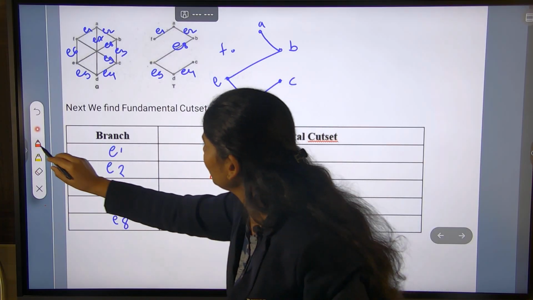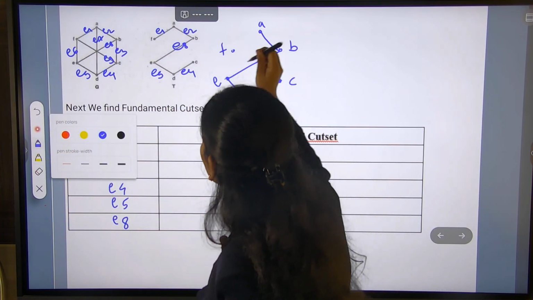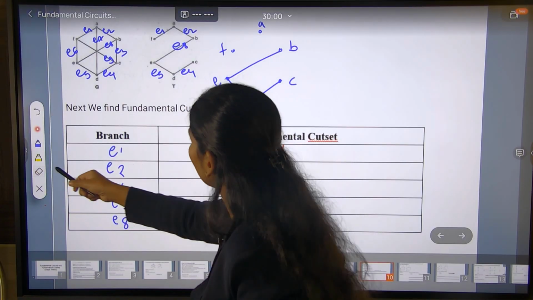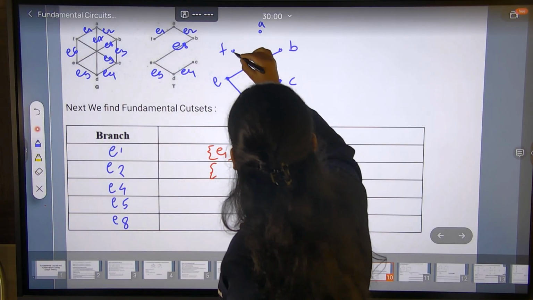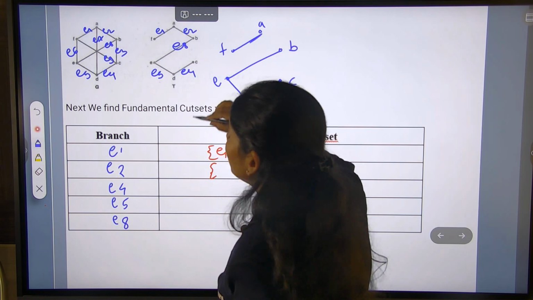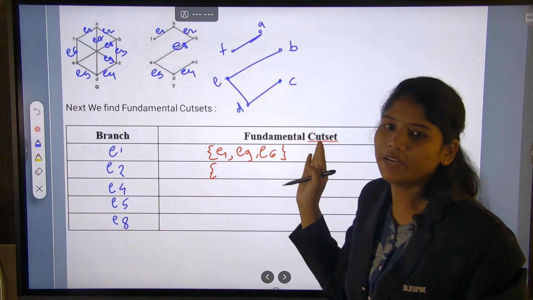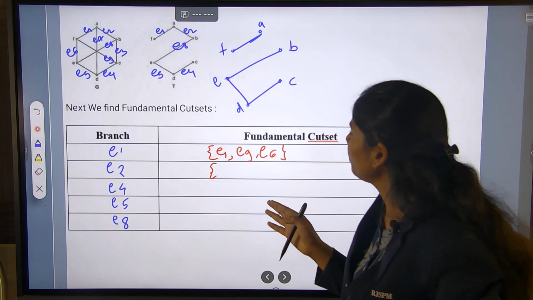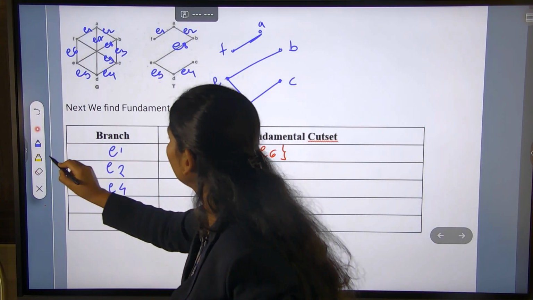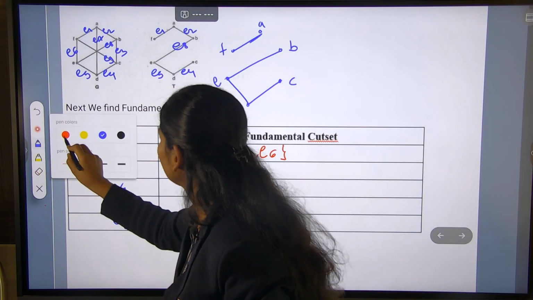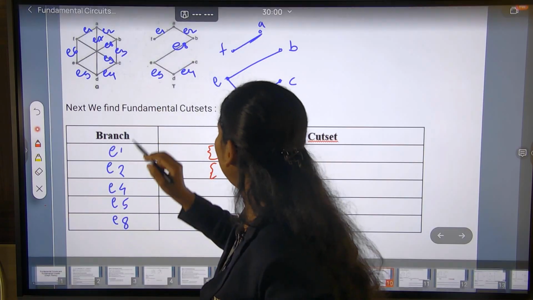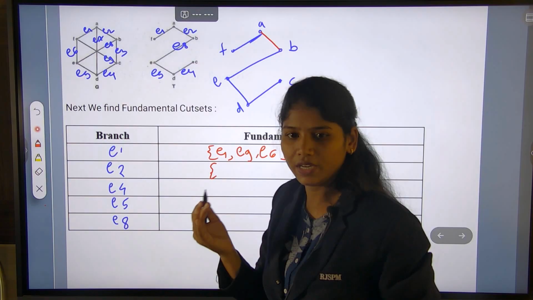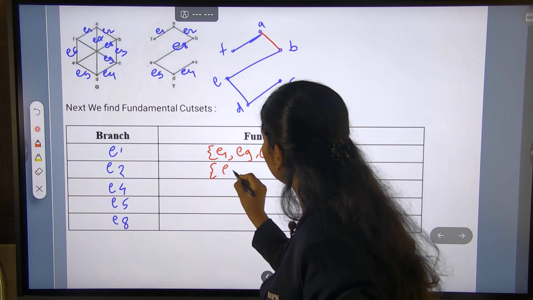If you remove E2 from this graph, here we get the two disconnected components: A, F, B, E, D, C. Okay. So again, if we draw E2, we get the connected components. So write down E2 first.